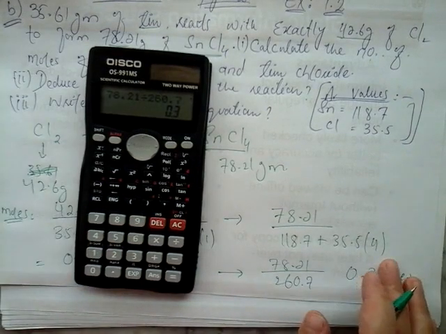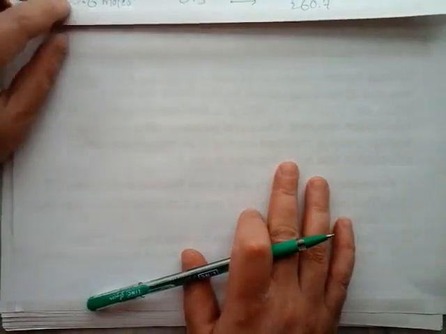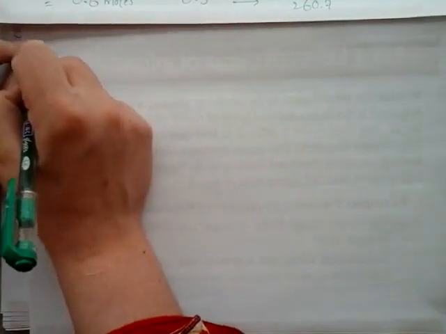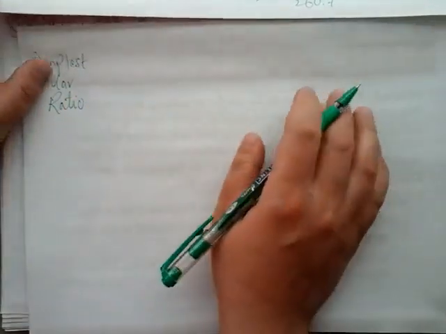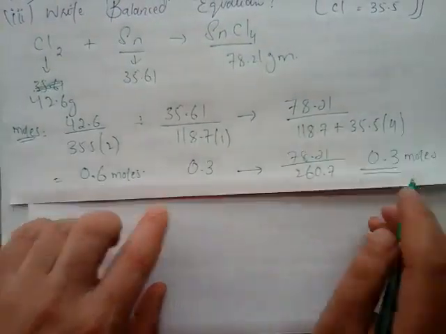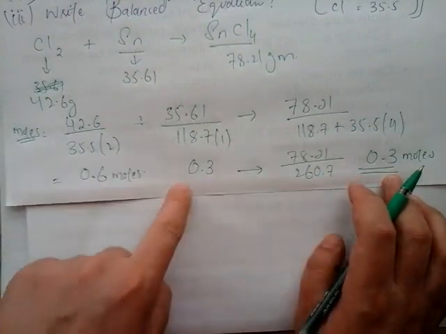Okay, so after that, from the moles, you can easily find the molar ratio. The second step is the simplest molar ratios. Here the moles are 0.3, 0.3 and 0.6.